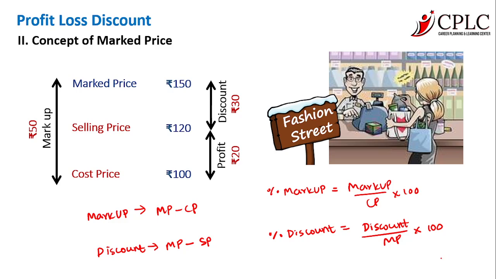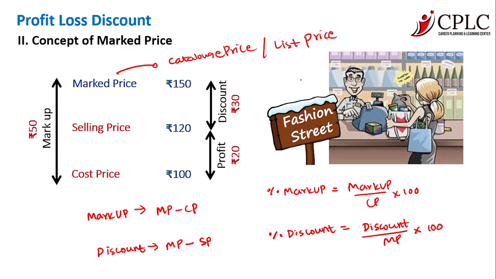So these are the four formulae that you need to remember very clearly. And also one more thing you can remember: this mark price is also called catalog price, probably list price, and so on. So if any of these words are used, do not get confused.